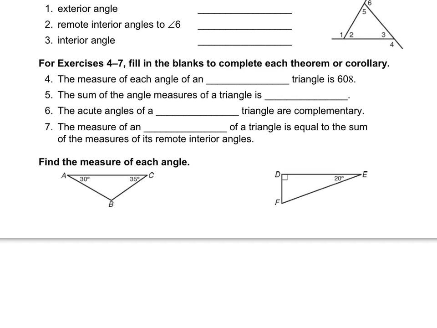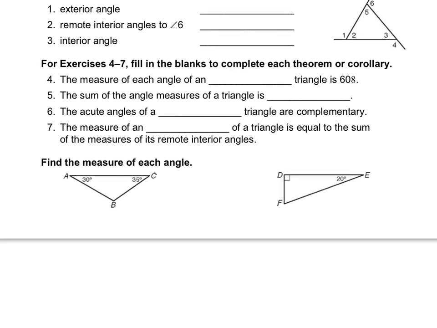But I do want to go down and do these last 2 right here. So over here, find the measure of each angle. So remember, the angles of a triangle add up to be 180. So I could subtract this 30. That gives me 150, sorry. And then subtract another 35.